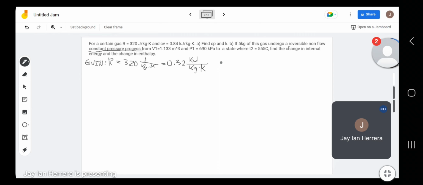Okay. So given tayo, saan natin mga given? Of R, a certain gas as 320 joule per kilogram Kelvin. We can also say that it's equivalent to 0.32 kilojoule per kilogram Kelvin. Also, given tayo ng Cv as 0.84 kilojoule per kilogram Kelvin. So, for letter A, nakakadali ng Cp. Cp is equivalent to Cv plus R. Diretso na natin dito. So, we have Cv given 0.84. Then our R, that is 0.32.